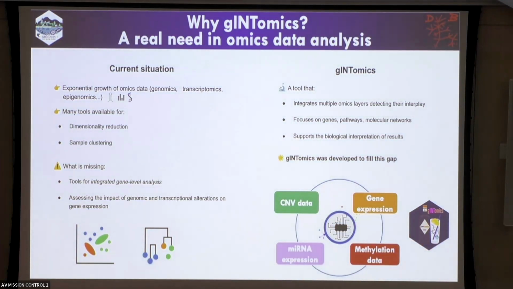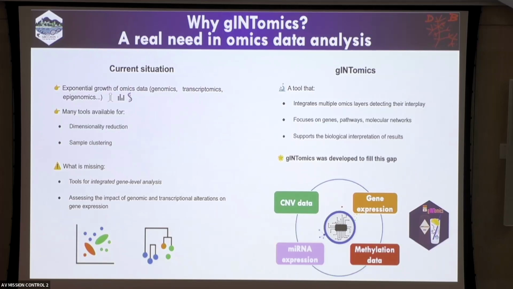So different tools came out for the analysis of this data, but actually most of these tools are for dimensionality reduction, sample clustering, or to stratify samples in some way. And what is missing is tools that are able to integrate at gene level the different omics, also to understand the impact and the interplay between the different omics and their impact on gene expression.